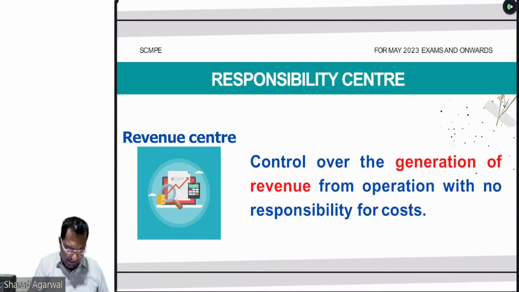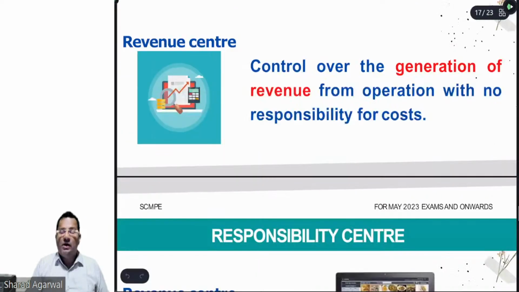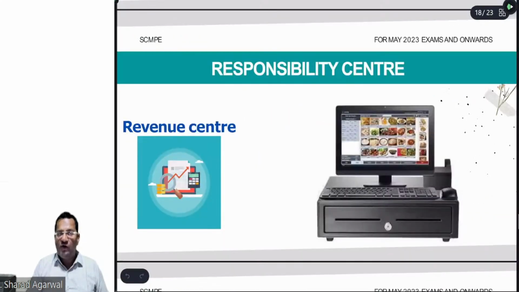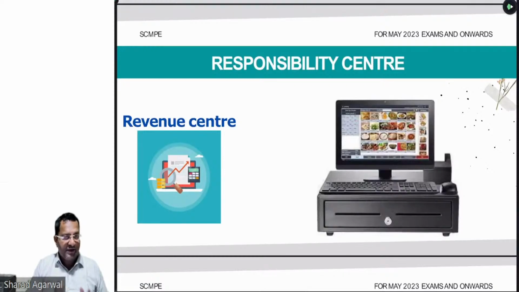Okay, I will do one thing. I will give one example that has been given by the institute in the study material. The ticket counter of an airline company can be considered as a revenue center. The department is only and only responsible for generating the revenue.